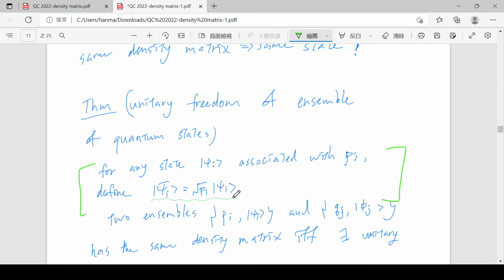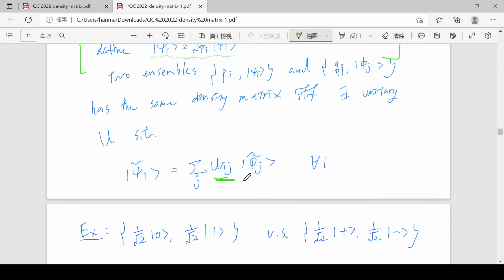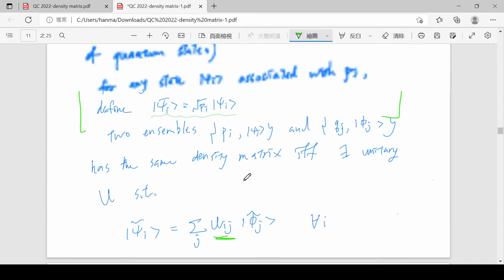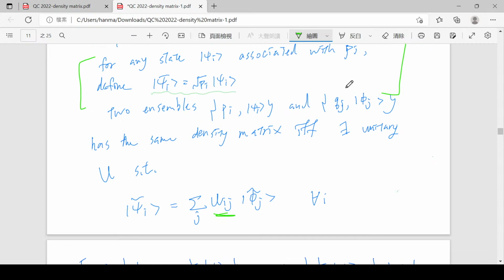You multiply your state with the square root of the probability. So this thing no longer has norm one, but you don't need to write the probability anymore. So one ensemble has a whole bunch of subnormalized states, and another ensemble has a whole bunch of subnormalized states.